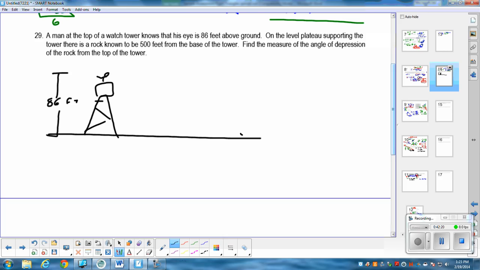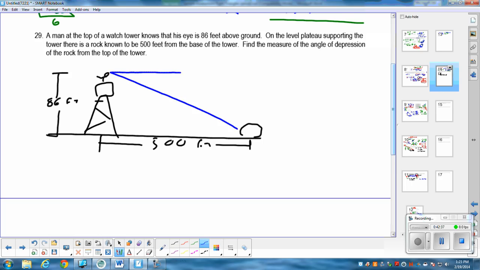And there's a rock that is 500 feet from the base of the tower. We would like to know the angle of depression, which is this angle here, the angle that the man needs to look down to see the rock.